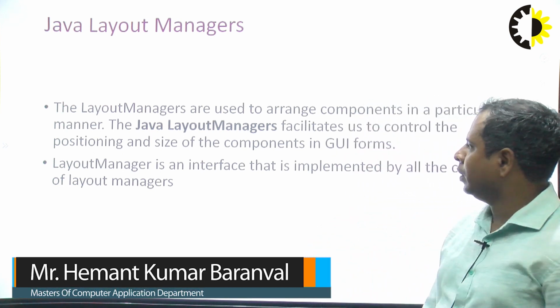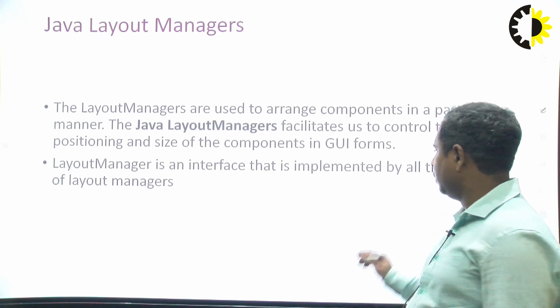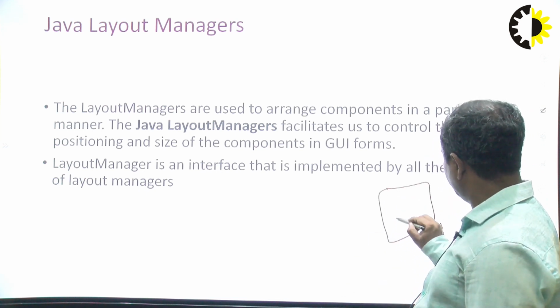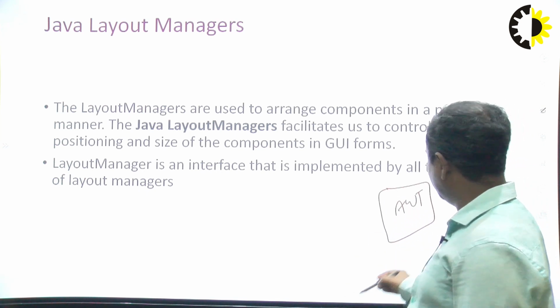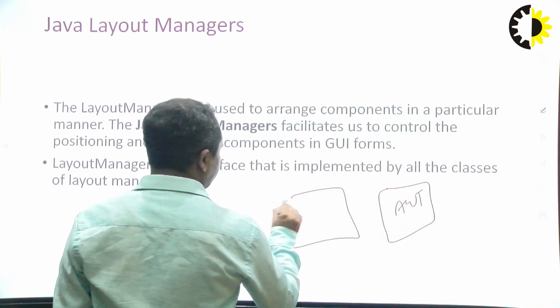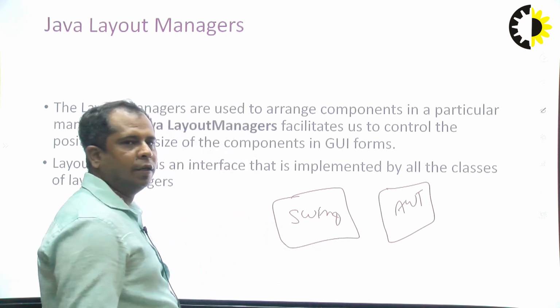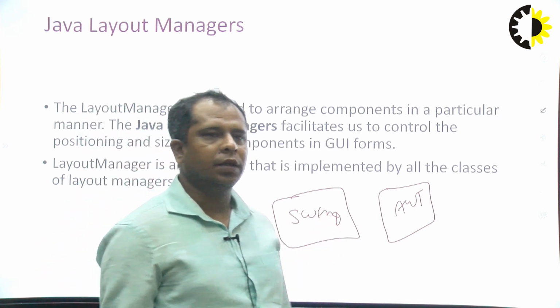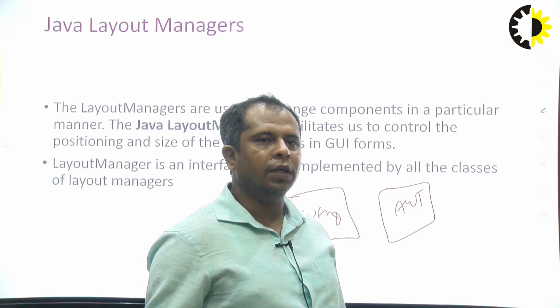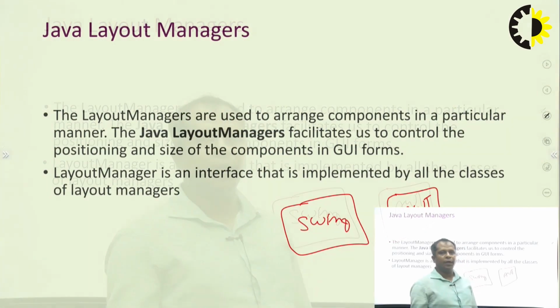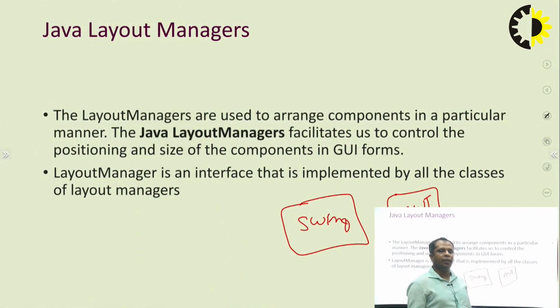In today's video lecture series, I will discuss Java Layout Managers, which are useful in AWT and Swing components. As we already know, we are creating many components using AWT and Swing, like text boxes, radio buttons, check boxes, and buttons.